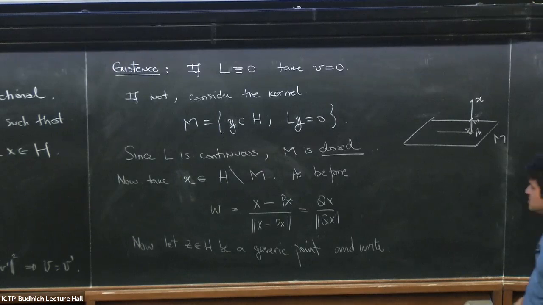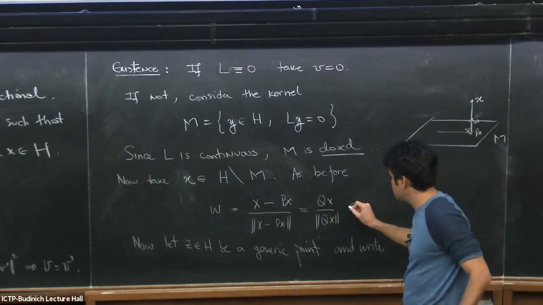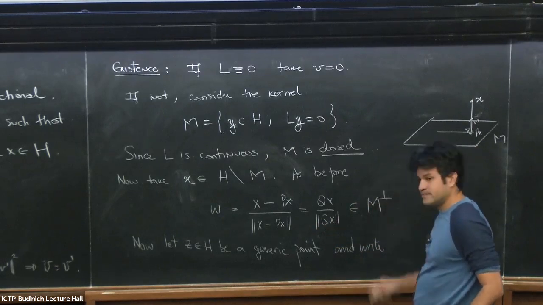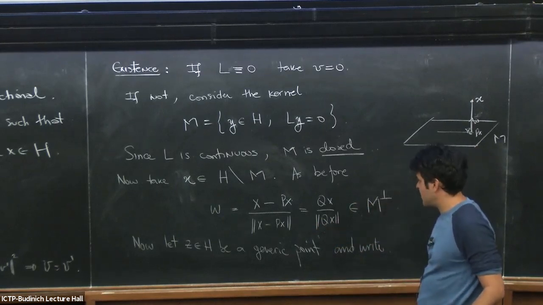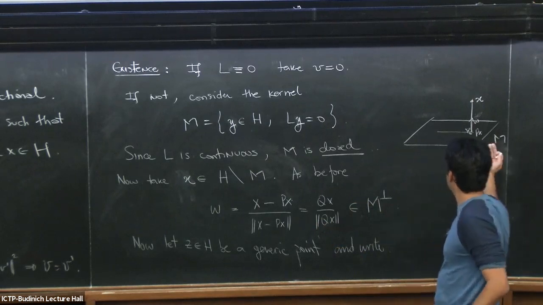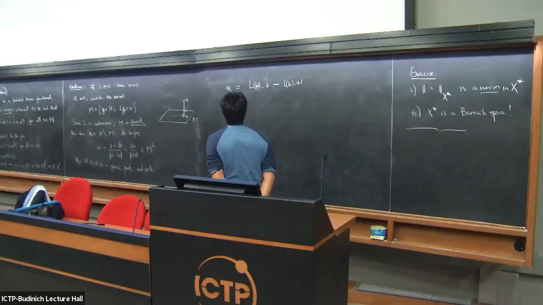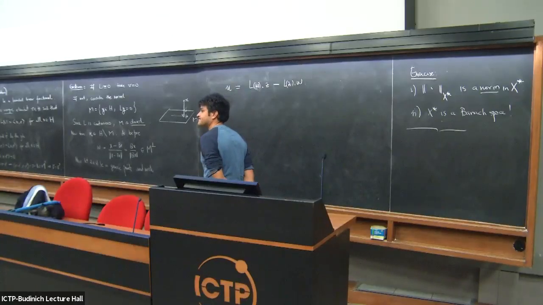We have seen in the previous item that this W here belongs to M perp. Right? This is perpendicular to M. Okay. What do you know about this U that I wrote here on the board? Apply your functional L on both sides.